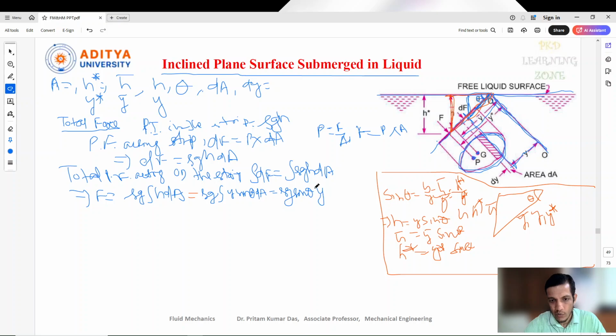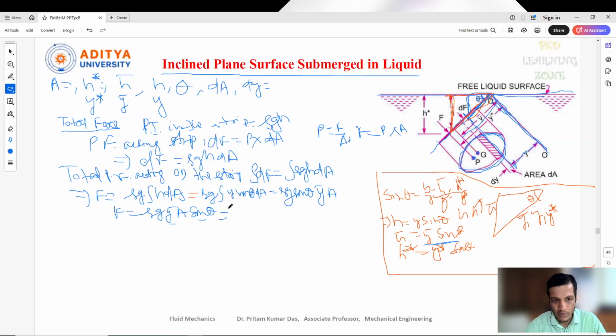I can write this as y bar A, because I am doing the integration over the total plane surface, so this integration gives y bar, and integration of dA is A. So the force F equals rho g y bar A sine theta. Now y bar sine theta is h bar.